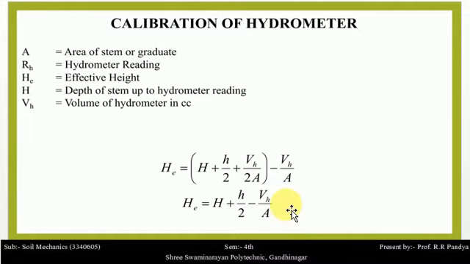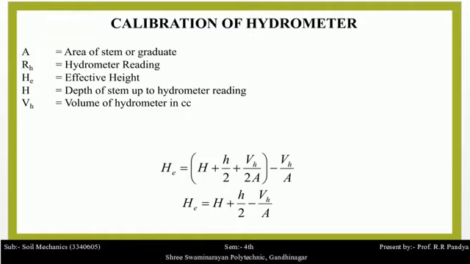RH is considered as hydrometer reading. HE is obviously effective height. Capital H is considered as depth of cylinder up to the hydrometer reading. VH is considered as volume of hydrometer in cc.